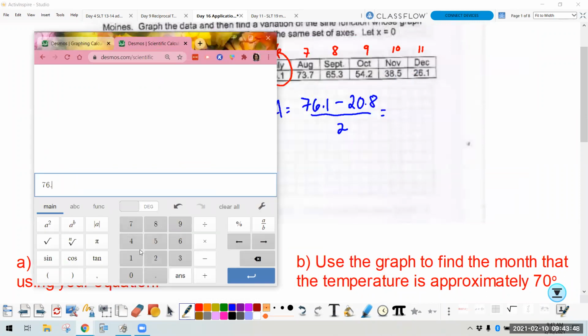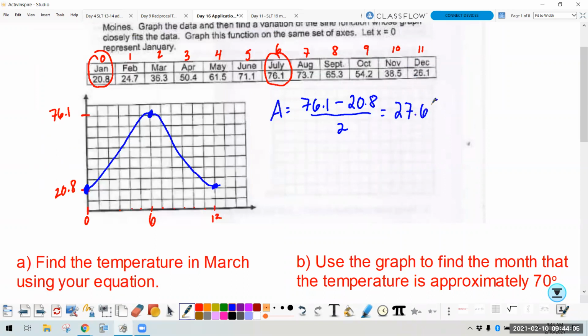We get 76.1 minus 20.8 divided by 2. I'm sorry, 27.65. So our amplitude is 27.65.